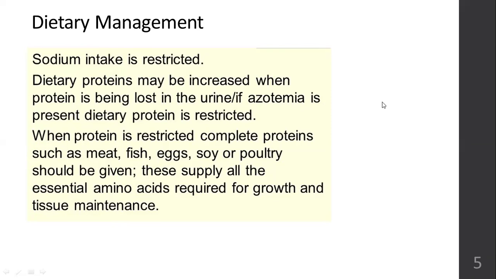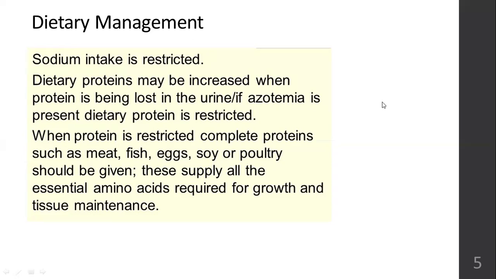So when protein is restricted, complete proteins like meat, fish, eggs, soy, poultry should be given. Because with only a small quantity of food, the complete protein requirement will be met. You don't have to go for different sorts of protein supply to make sure all the essential amino acids are given.